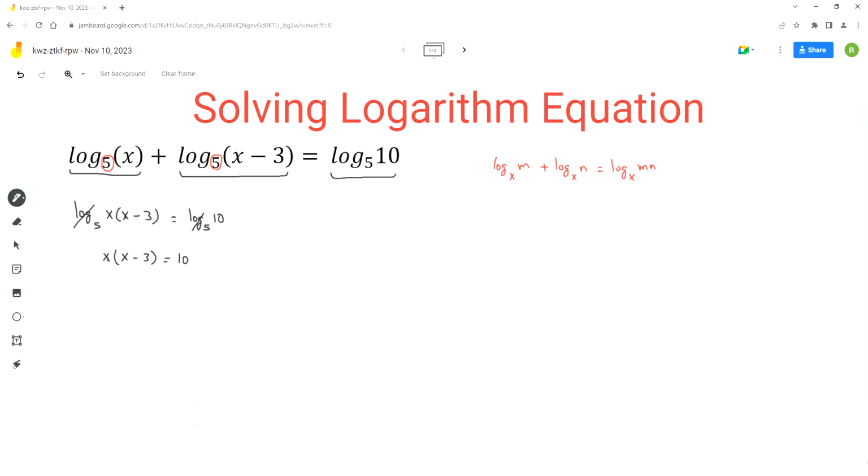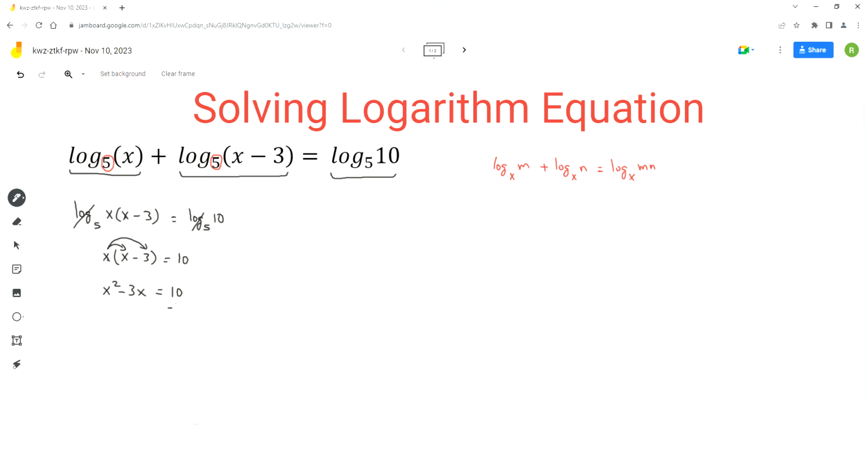So now the next step is to distribute this outer x into the parentheses. So we multiply each term in the parentheses by x. So we get x squared minus 3x equals 10. Now this is a quadratic equation. In order to solve this quadratic equation, we'll have to move this 10 from the right side to the left side.